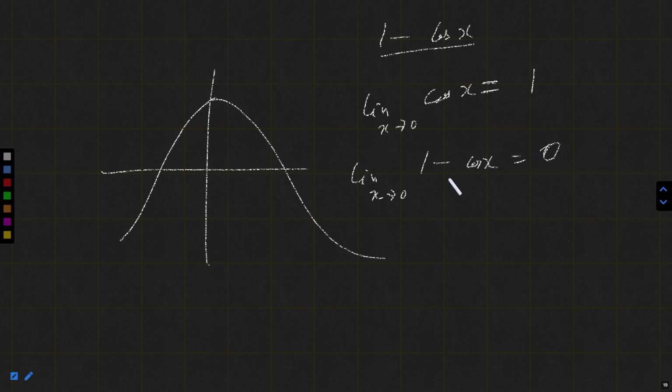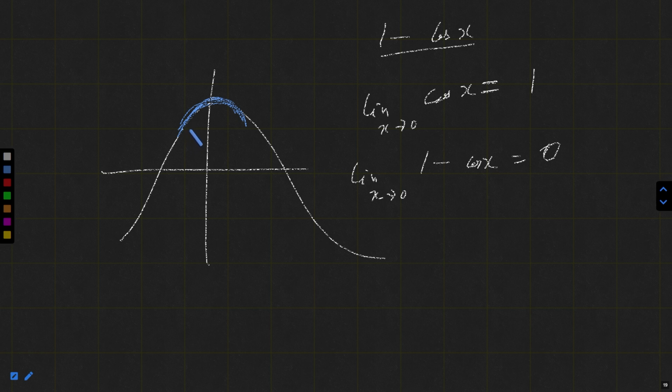Now, one thing is very clear from the graph. If you approach towards 0, then your graph of cos x will be like this. Yes or not?